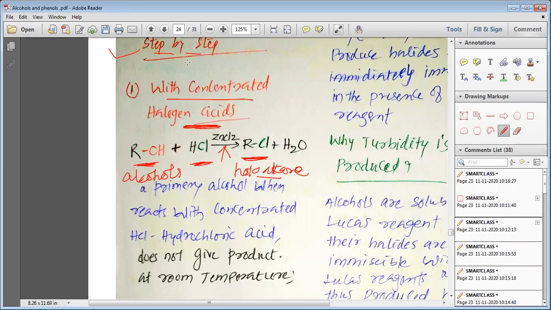Now, please remember, my dear students, that anhydrous ZnCl2 in the presence of HCl is known as Lucas reagent.